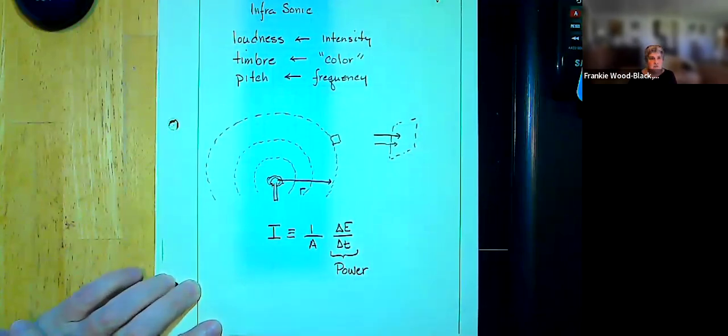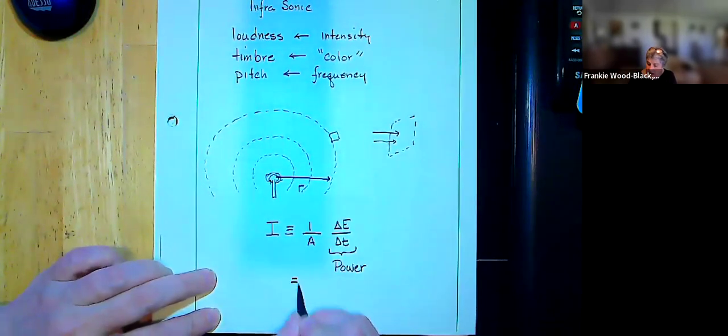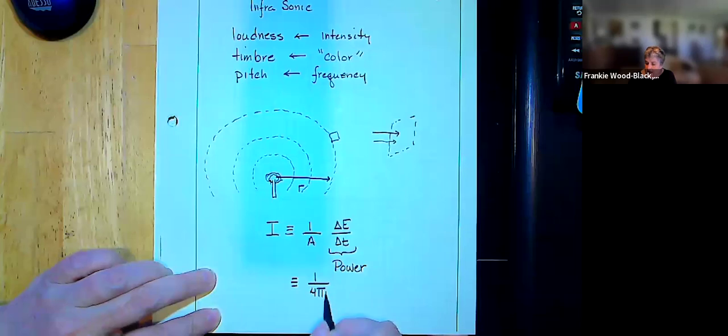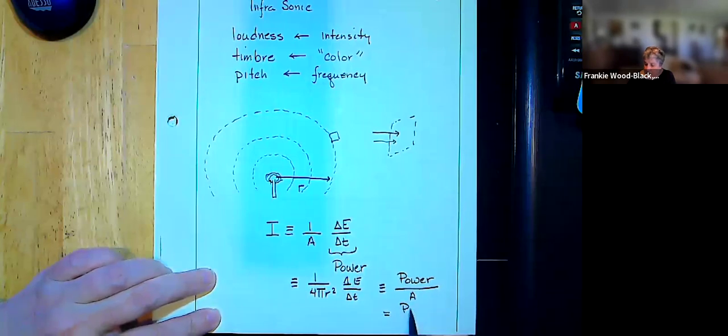Energy over time is defined by power. But if I look at the surface area of a sphere, the intensity goes as 1 over r squared. I've got my change in energy over change in time, so I can write this as power divided by area, which is power divided by 4 pi r squared.